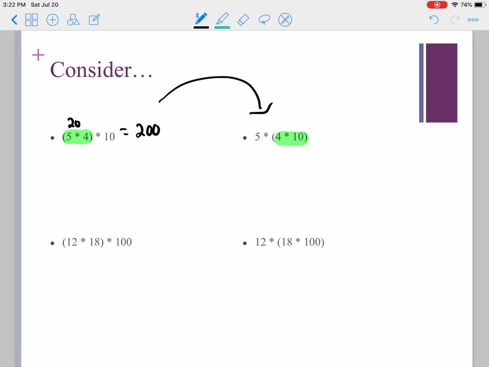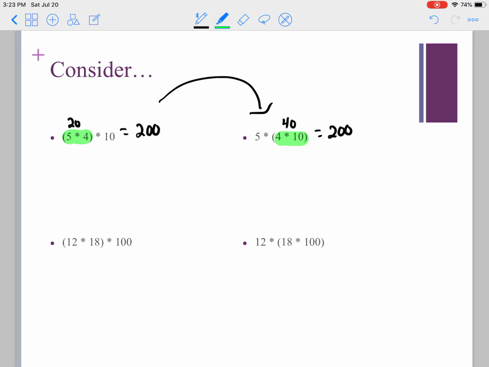Looking at the expression on the right, 4 times 10, using the parentheses as our first order of operation, that's 40. 40 times 5 is also equal to 200. What you may notice is that the grouping changed. However, the value did not change. So although the grouping changed, the value did not.